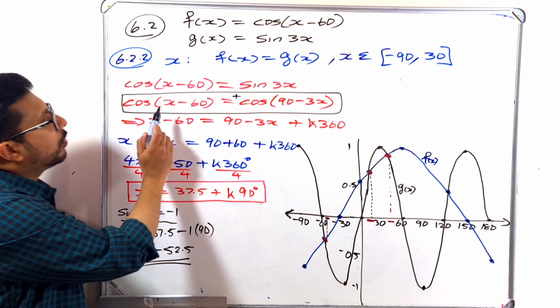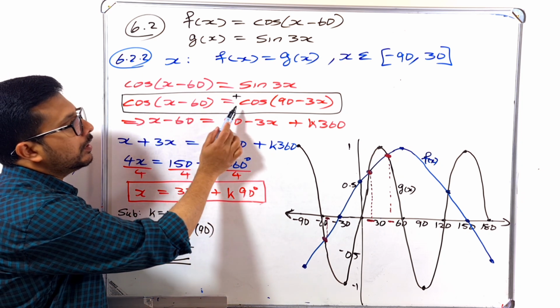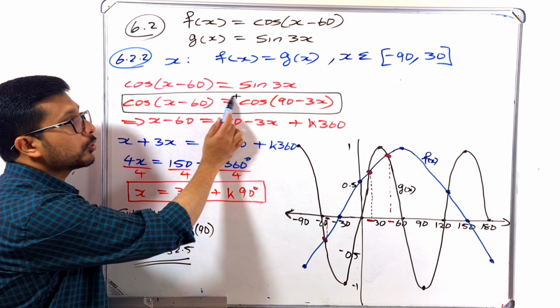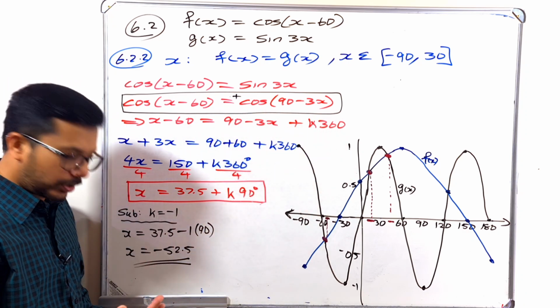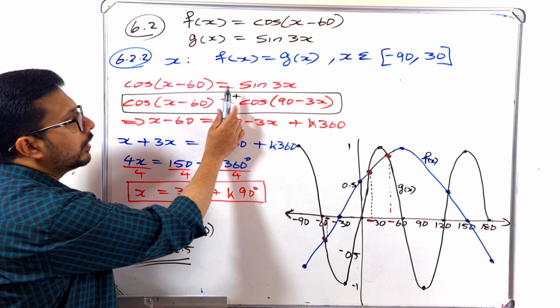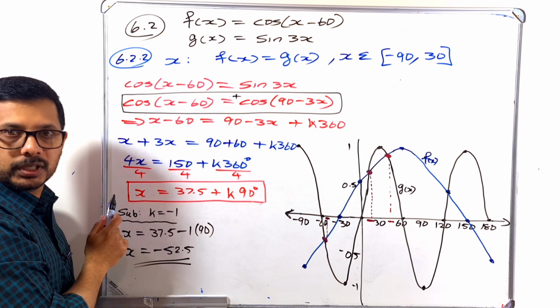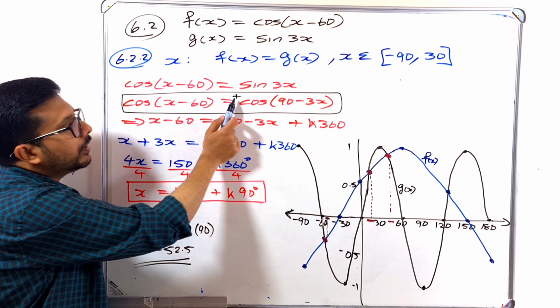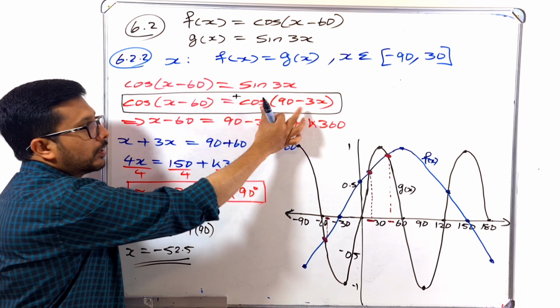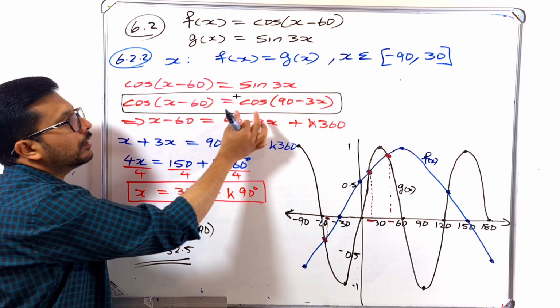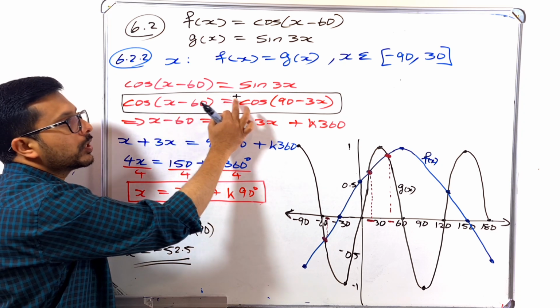If it were negative, we would be supposed to write negative cos of 90 minus 3x. So if nothing is written, it means that the sign is positive. Okay, so cos of an angle is positive, whatever, it doesn't matter. It's a positive answer.